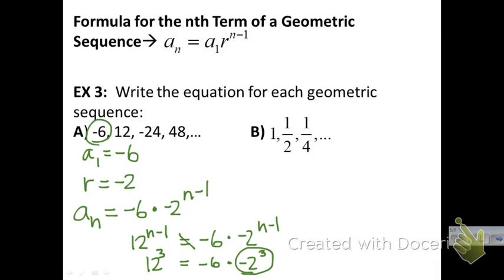If we do this first, that gives you -8 times -6 is 48. 12 to the third is 1,728, and you can see that these two terms are not equal.